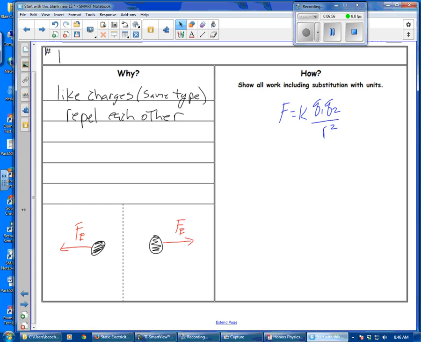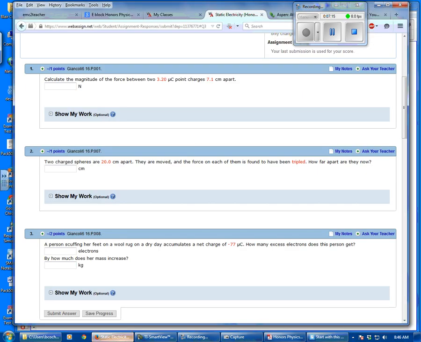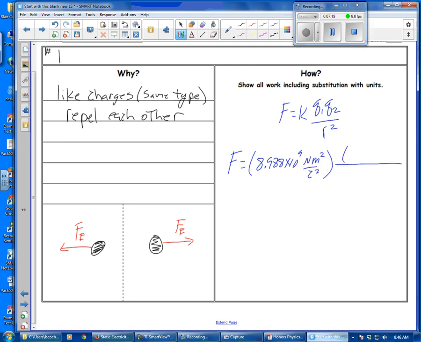So substituting in now, 8.988 times 10 to the 9th newton meters squared per coulomb squared. Up top, the charges involved. I have two of them, so 3.2 microcoulombs. So I'm going to do 3.2 times 10 to the minus 6 coulombs.